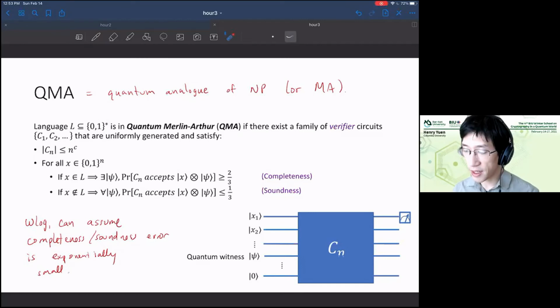What's very interesting is you don't actually need to grow the proof size. You can drive down the soundness and completeness errors to exponentially small using only one copy of the proof. It's non-trivial to show this, but it uses something called Marriott-Watrous amplification.